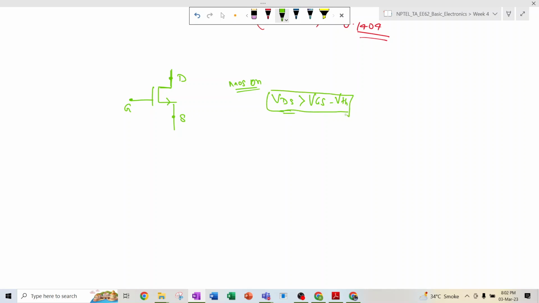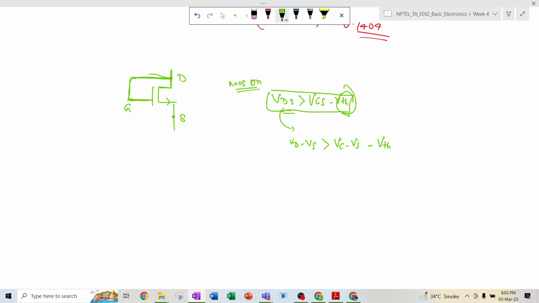Someone asked what will happen if we short the drain and the gate terminal, will the transistor be off or on. The condition is VD minus VS greater than VG minus VS minus VTH, where VTH is the threshold voltage.